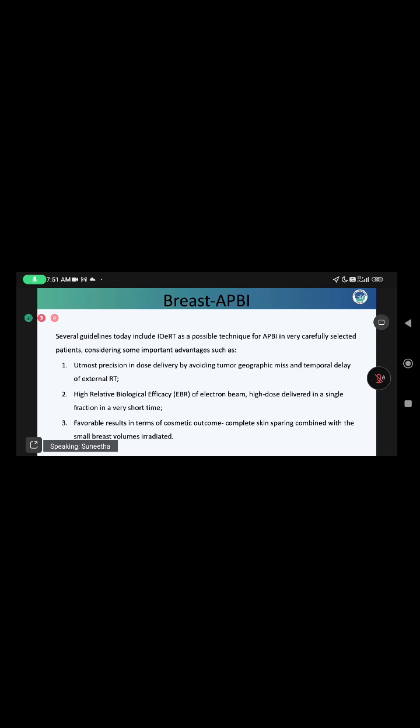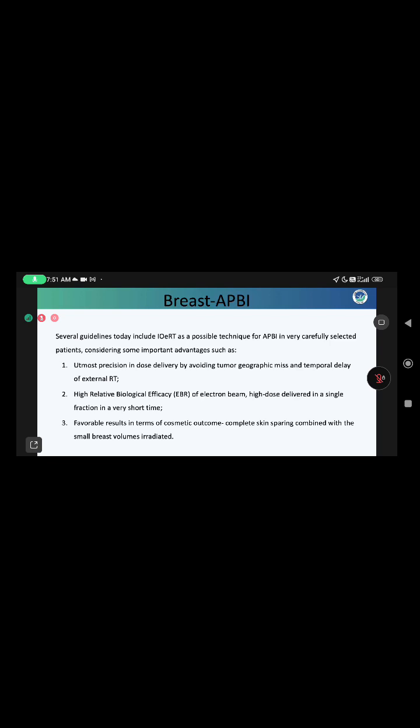See, APBI can be delivered either with external beam radiation or with brachytherapy, or the intraoperative method is also accepted. As mentioned earlier, with kV X-rays, we will not be able to have a better penetration. So the electron will have a better penetration when compared to kV X-rays in intraoperative settings.